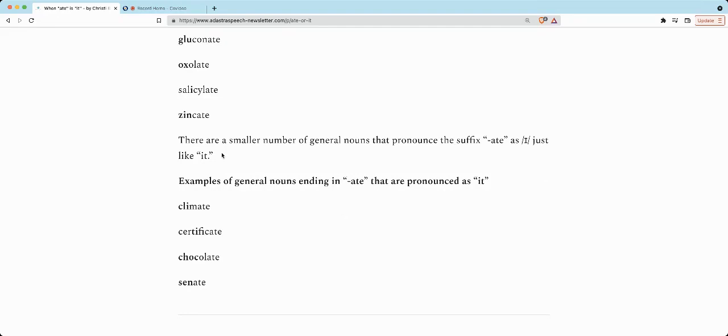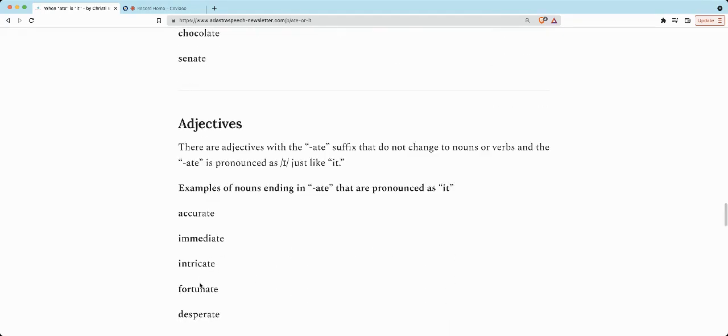And then there's some words that are spelled ATE and they sound like it no matter what. Climate, certificate, chocolate, senate. For adjectives, there are adjectives with ATE and they don't change. They are pronounced it.